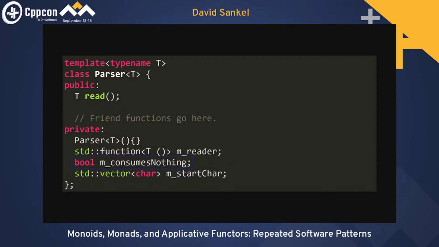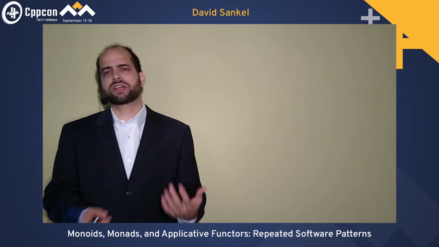And it also has a Boolean, which just tells you whether or not this parser consumes nothing. If it consumes nothing at all, then this Boolean will be true. And then, of course, you have this std::function in there, the function which actually does the reading. So in our case, the function has no parameters and just returns the value of type T. All right, that's our type.